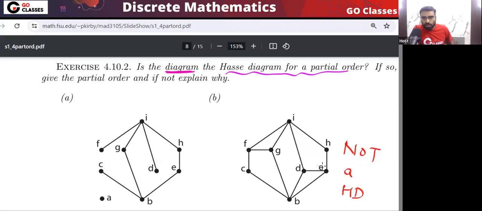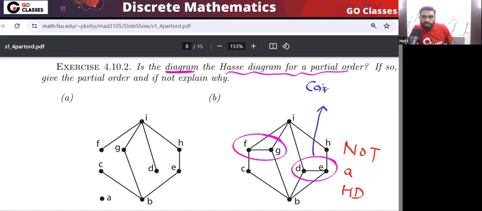Why? Because of the horizontal edge. Yes or no? Tell me, what is the problem with the horizontal edge? Can you tell me why a horizontal edge is not allowed in the Hasse diagram? Because the problem is, now we cannot say whether D is related to E or E is related to D. Yes or no?